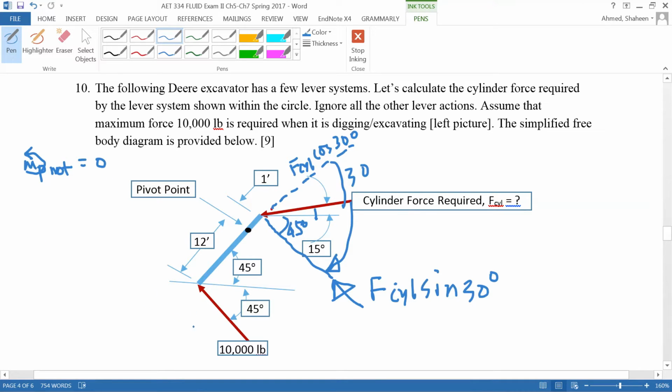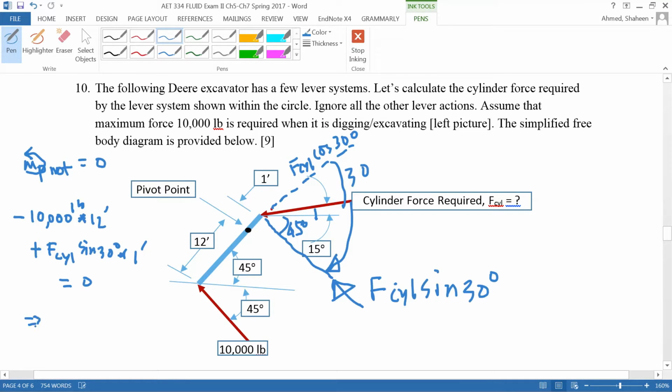Then for this 10,000 pounds, it's going to do a clockwise moment, which is minus 10,000 times the distance 12 inches, and this is in pounds. And then this cylinder will do an anti-clockwise moment, which is positive: F cylinder sine 30 degrees times the distance 1 inch, and this is equal to 0.